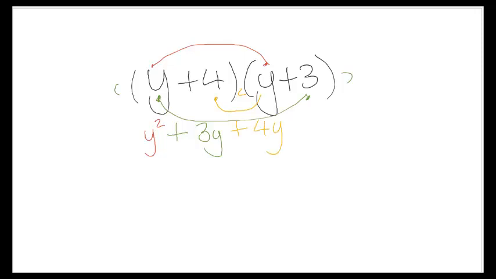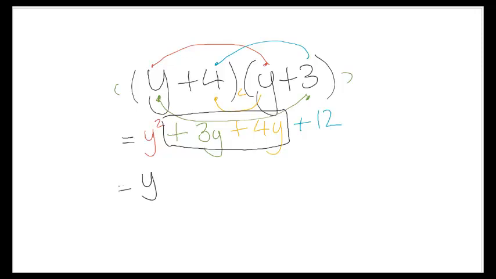And then I'm going to do last. 4 times 3, positive 12. Next up, I'm going to add my like terms. So that's going to be y squared, 3 plus 4 is 7y plus 12. Final answer.